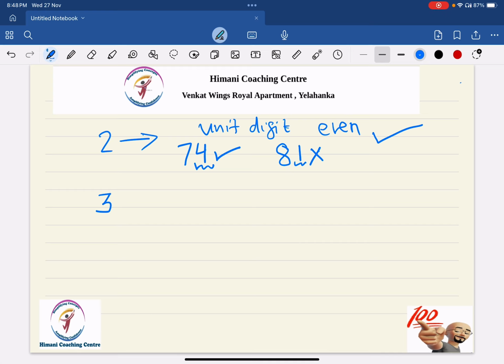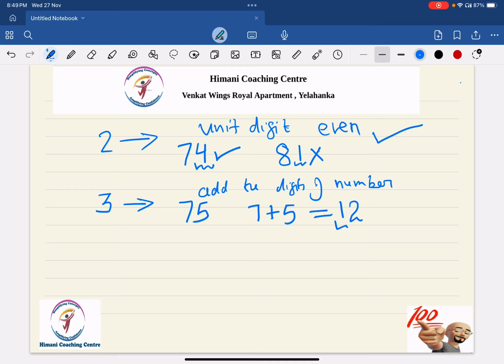Now divisibility rule by 3. What did we say? Add the digits of the number, and if the sum of the digits is a multiple of 3, then the number is divisible by 3. Let us take an example. 75: 7 plus 5 gives us 12. Now, does 12 come in the table of 3?